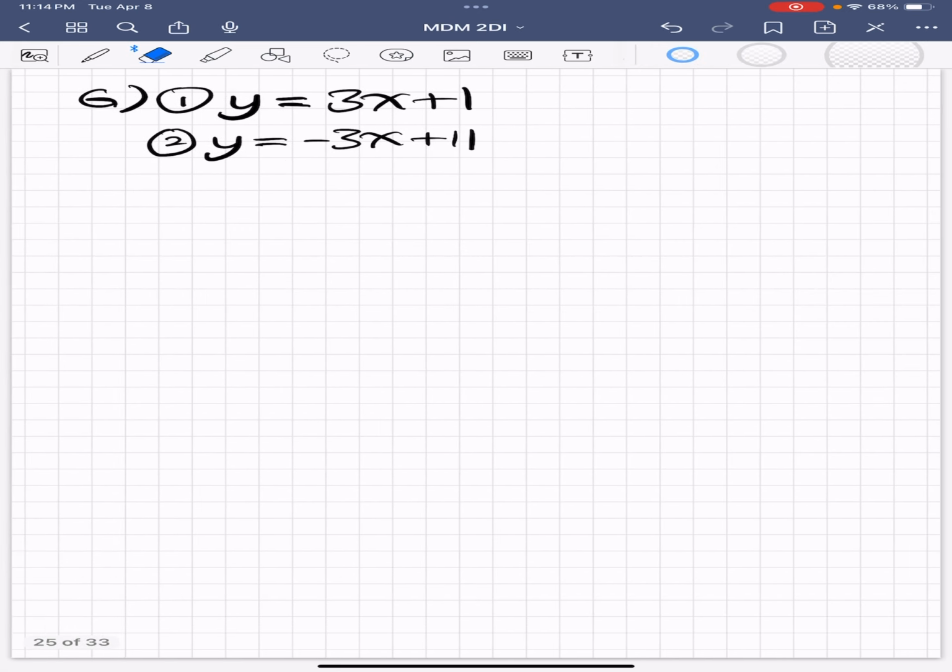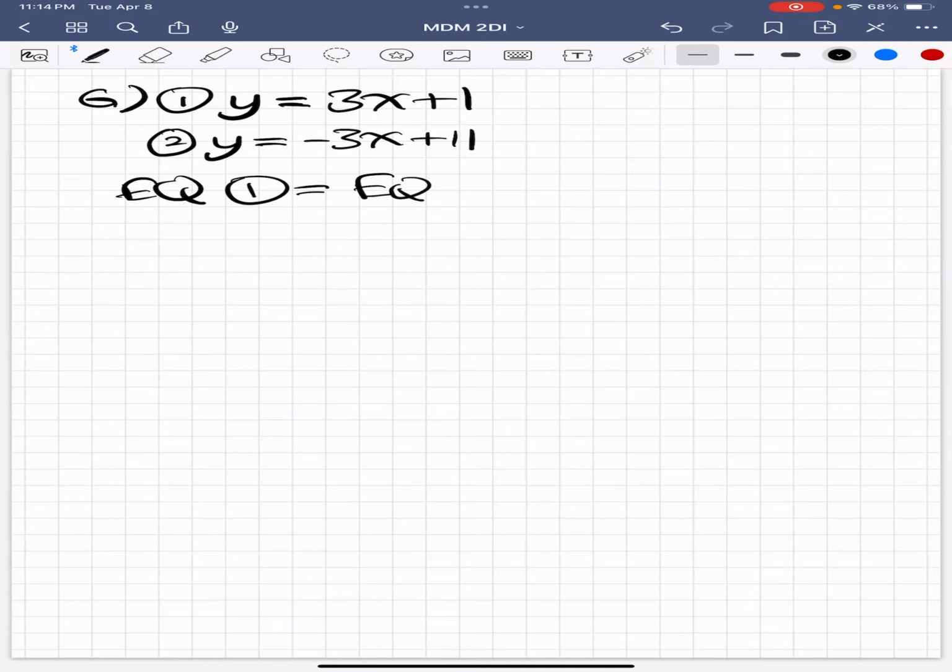Moving on to G. Equation 1 equals equation 2. So we have 3x plus 1 equals negative 3x plus 11, I mean.